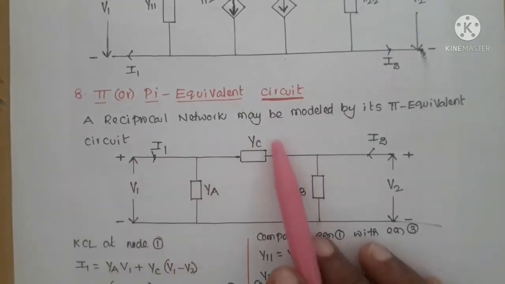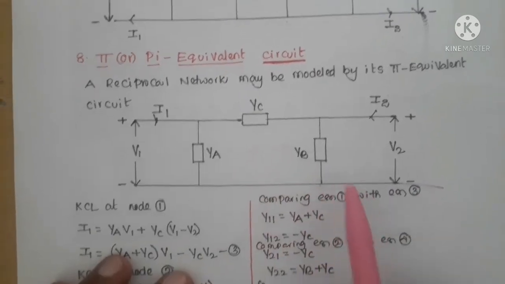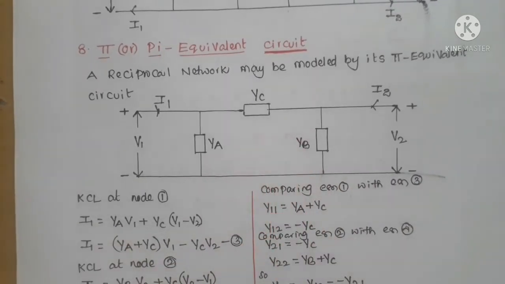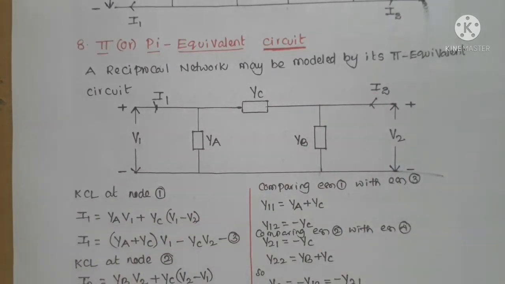A reciprocal network may be modeled by its pi equivalent circuit, like this. YA, YB, YC are the admittances of the pi equivalent circuit. V1 and V2, I1 and I2 are port voltages and port currents. Here we have to get YA, YB and YC as a function of Y parameters, because if you know the Y parameters, then we can draw a pi equivalent circuit.